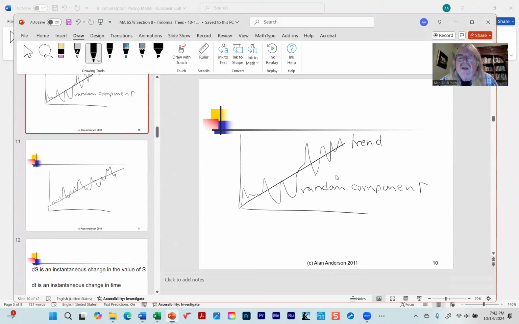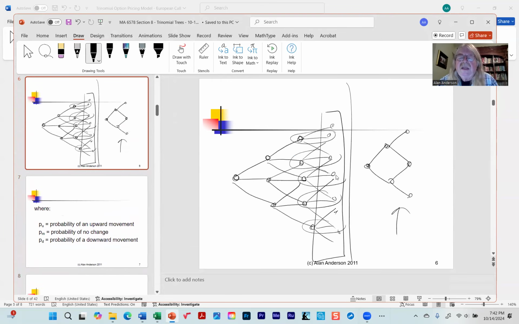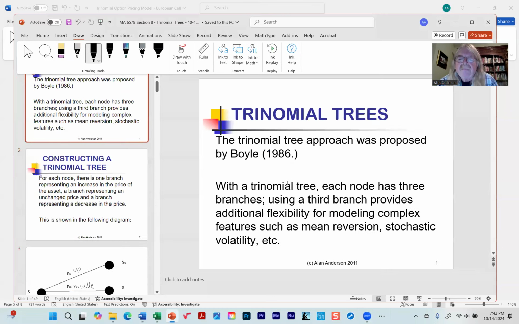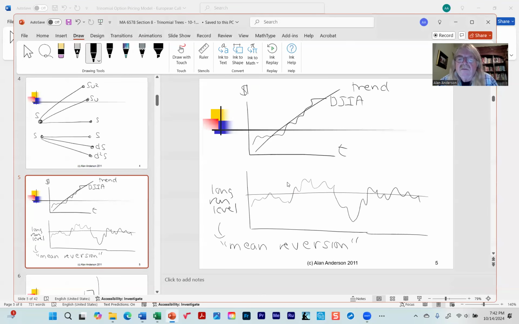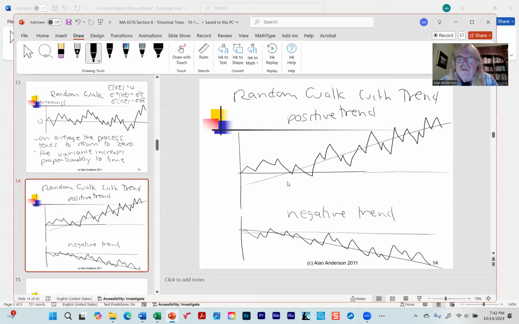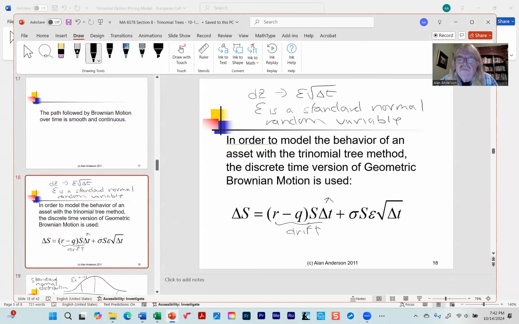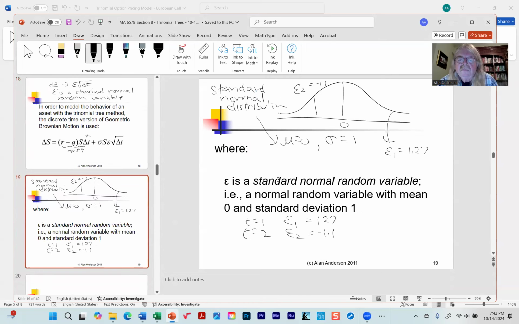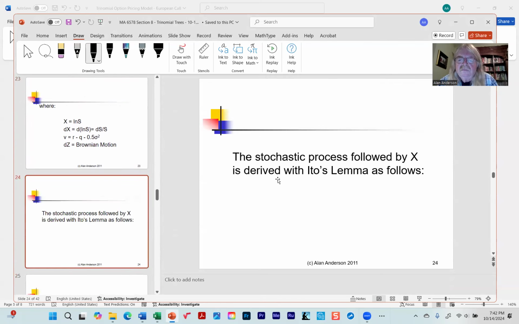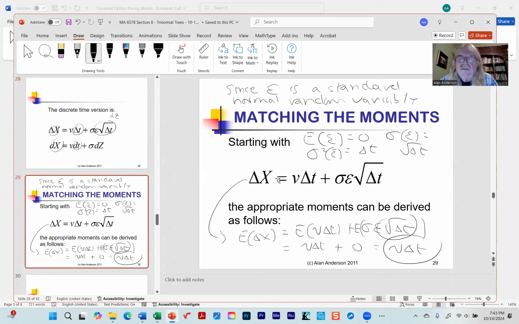Based on that moment matching process, we have to make sure that the expected value of these three branches is... wait a minute, where's that? Oh, not 0. The expected value is the drift term, the new delta t.